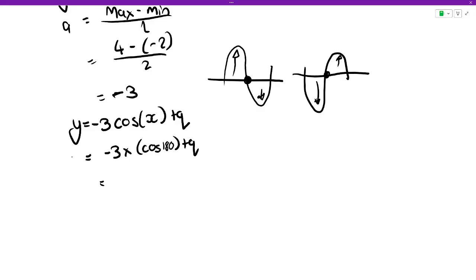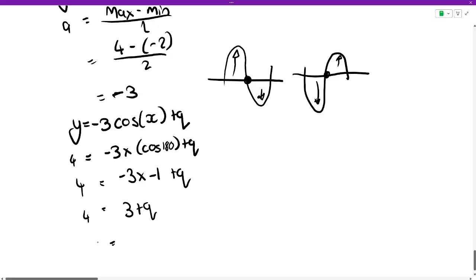So cos of 180 is -1. So minus 3 times minus 1 plus q. Right. Now if you times this, you get 3q. Right. You bring over that q, you get q is equal to 1.